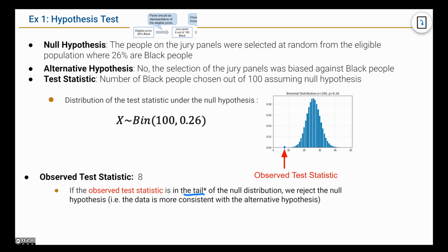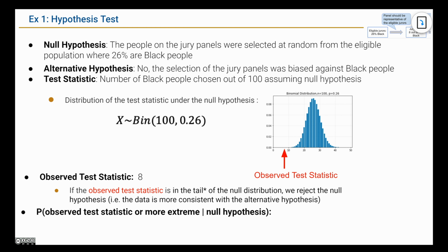Now, this idea of being in the tail is going to be important. We're going to quantify that by calculating a specific probability. Given the null hypothesis, so that's the distribution we're working with, we calculate the probability of the observed test statistic or something more extreme, meaning something more in the direction of the alternative.